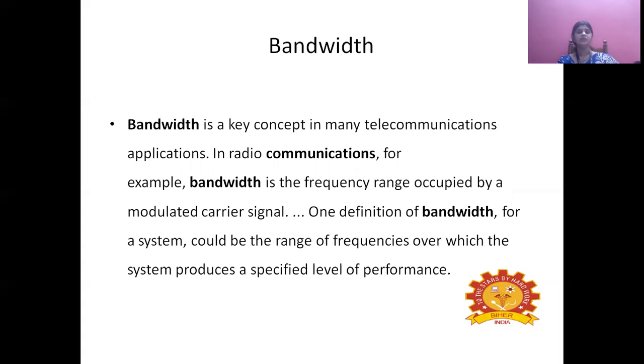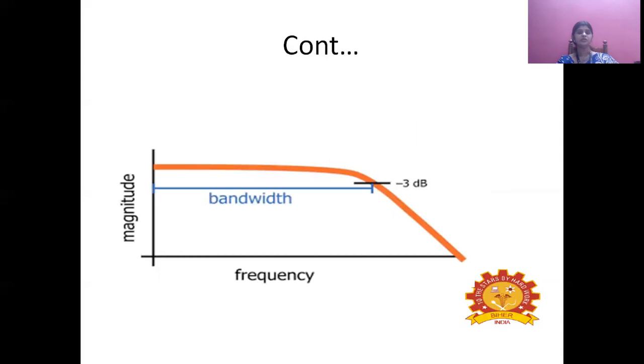That is, the frequency range occupied by a signal is called the bandwidth, or otherwise, the difference between the high frequency component and the low frequency component present in the signal. Bandwidth is always measured 3 dB below the maximum amplitude level. So the difference between the high frequency component and the low frequency component present in this signal gives the bandwidth.